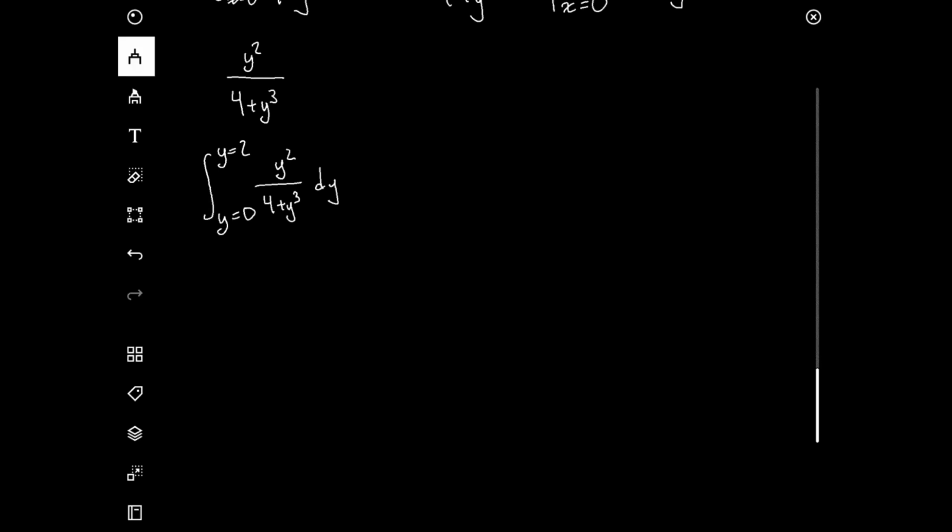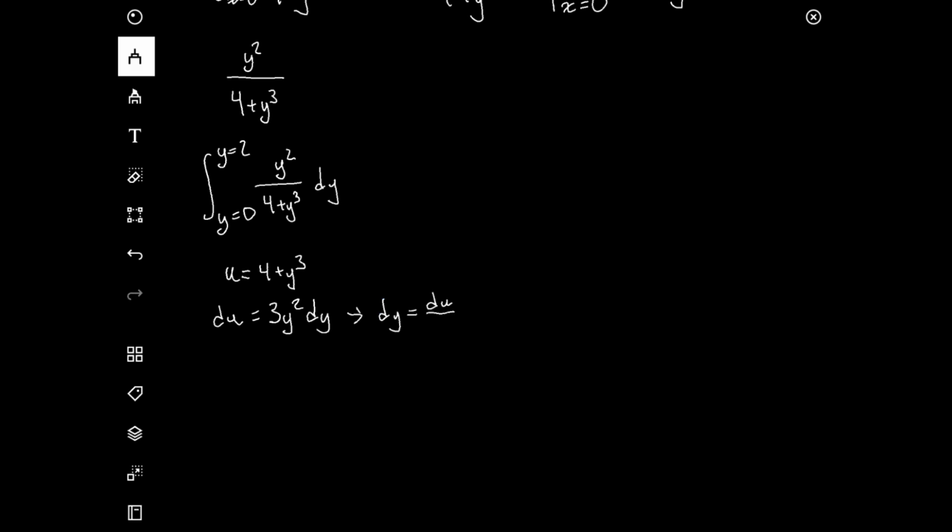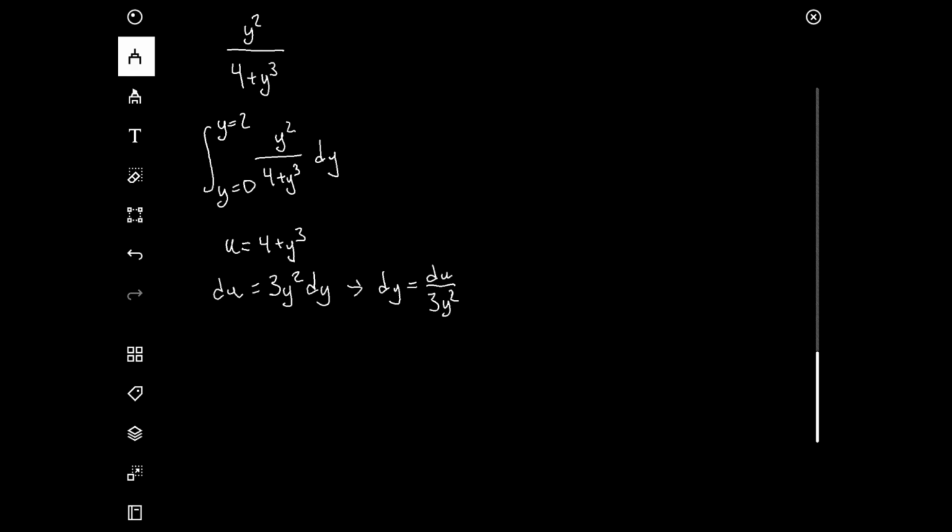And this time, I think it's going to work. u equals 4 plus y to the third, du equals 3y squared dy, which then means that dy is equal to du over 3y squared. All right, let's substitute these back into this equation.